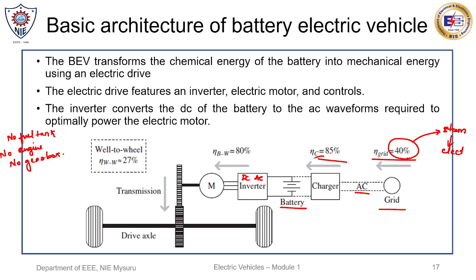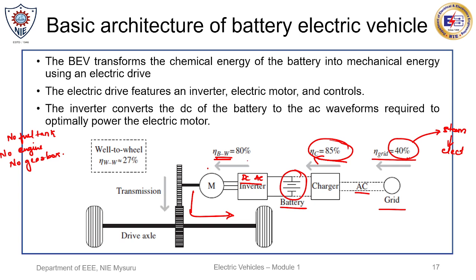From there, the charger, which is used to charge from the grid to the battery, includes AC to DC conversion. This has an 85% efficiency. Then the DC to AC inverter will have around 85% efficiency. Now, if you look at the total efficiency, it will go around 80% from battery to wheel, from the battery point to the wheel side.